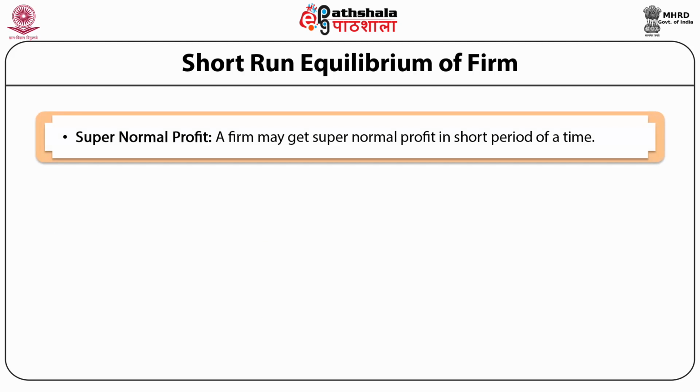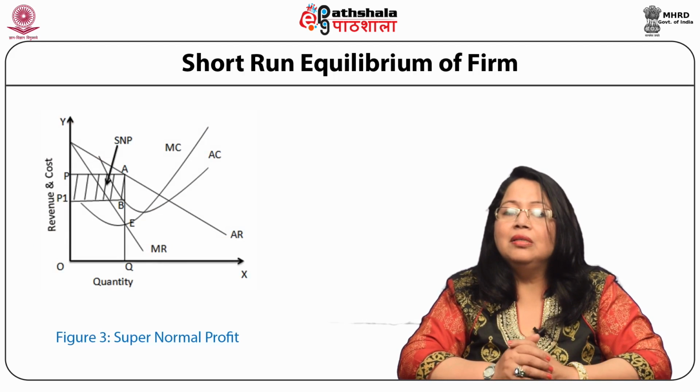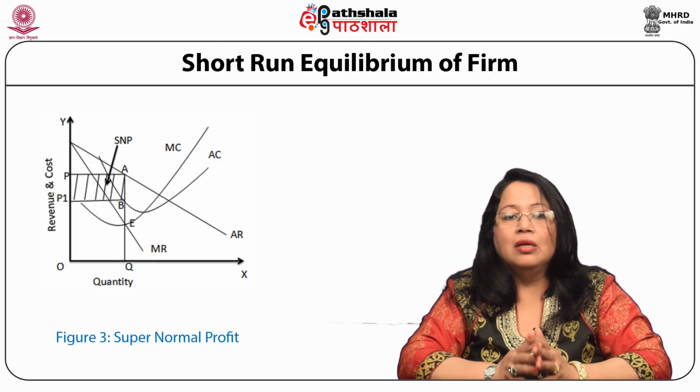Supernormal profit. A firm may get supernormal profit in the short period of time. Supernormal profit is a situation when average revenue, that is AR, is greater than average cost, that is AC, at the equilibrium output. So AR is greater than AC. Figure 3 shows the supernormal profit.